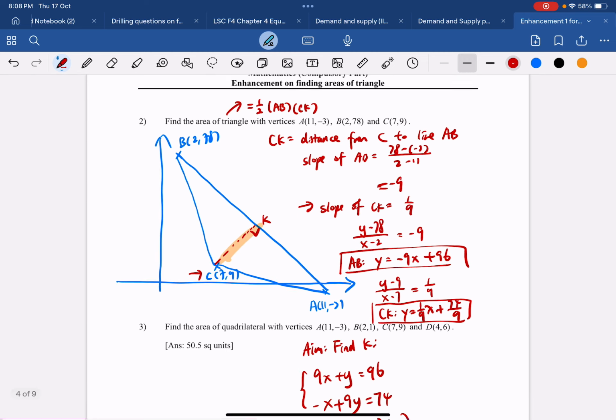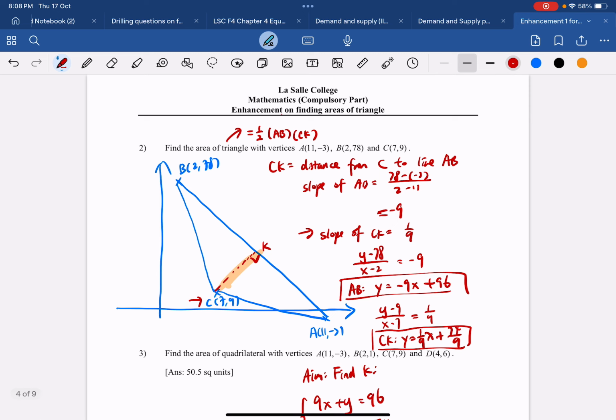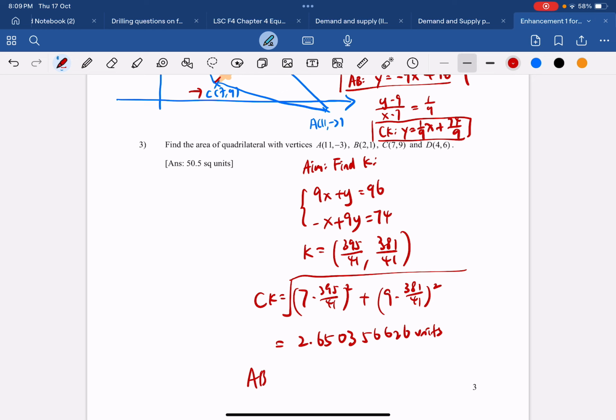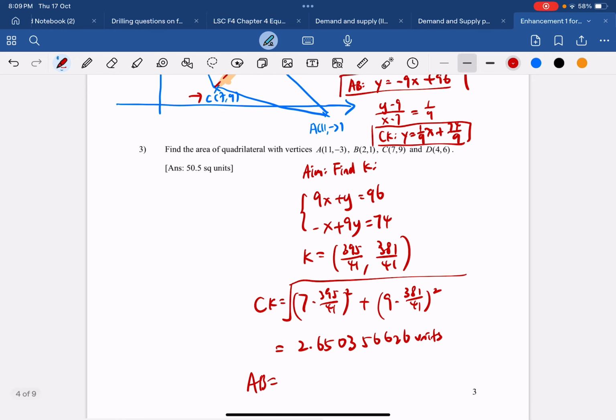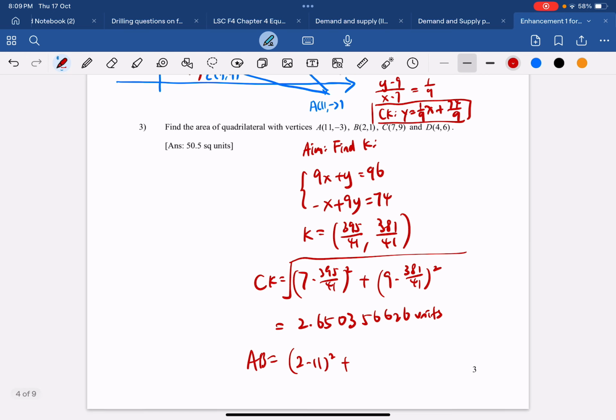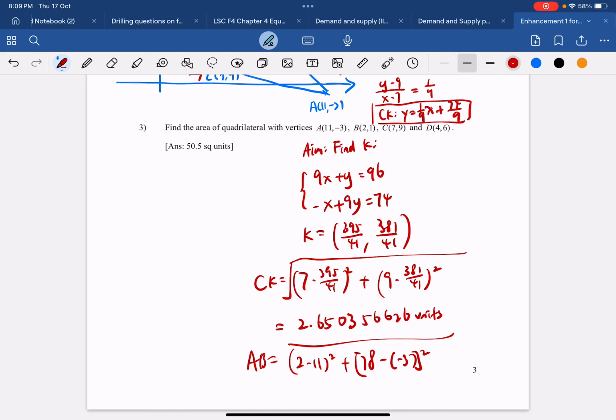And then let's find the distance for AB as well. So the distance for AB would be 2 minus 11 squared plus 78 minus 3 squared, and then take the root.